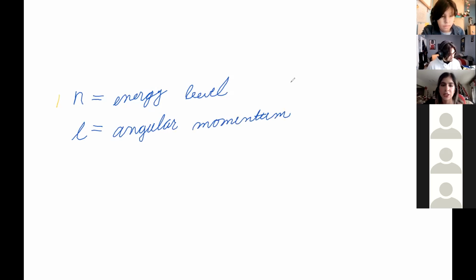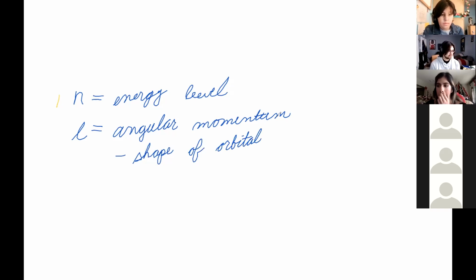It is the shape, right? The shape of what? The orbital. Okay, and what shapes can we have? S, P, D, F. Yes, S, P, D, and F.